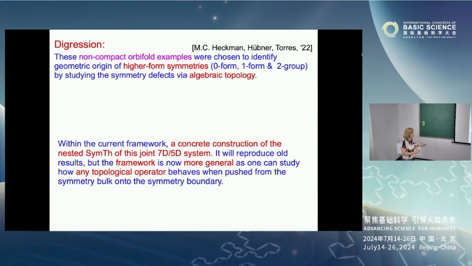The point is we understand more structure, actually the Lagrangian terms and the anomaly terms that appear in this construction, by identifying the symmetry theory in more detail. Furthermore, it's not necessarily done just for the one-form topological operators. It can be done also for all the other possible operators. And we could study more physically how more general topological operators behave when we push them from the bulk symmetry theory to the boundary defect symmetry.